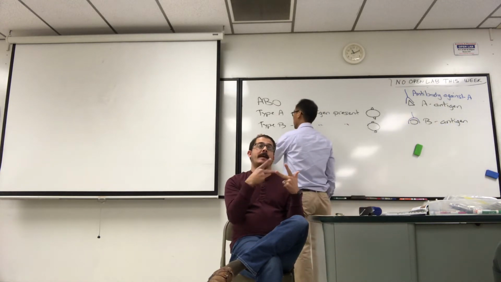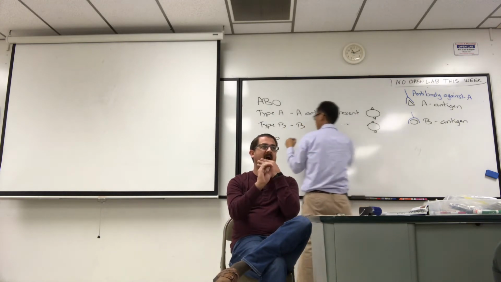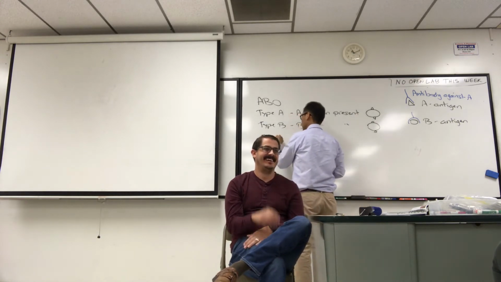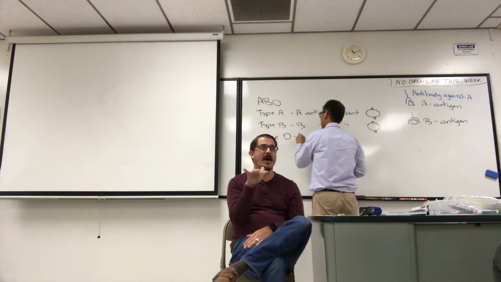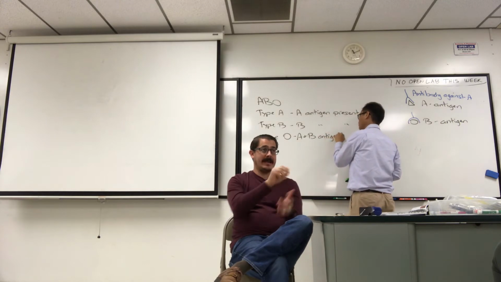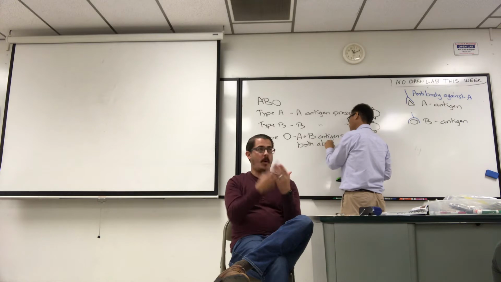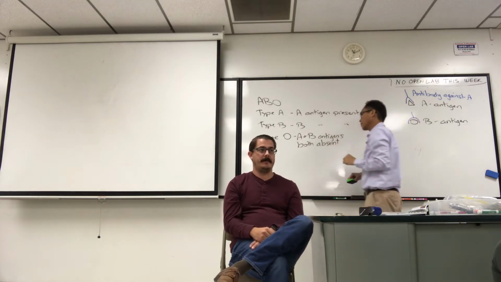Well, let's talk about type O. Type O means A and B antigens are both absent. Both not there. Don't got it.